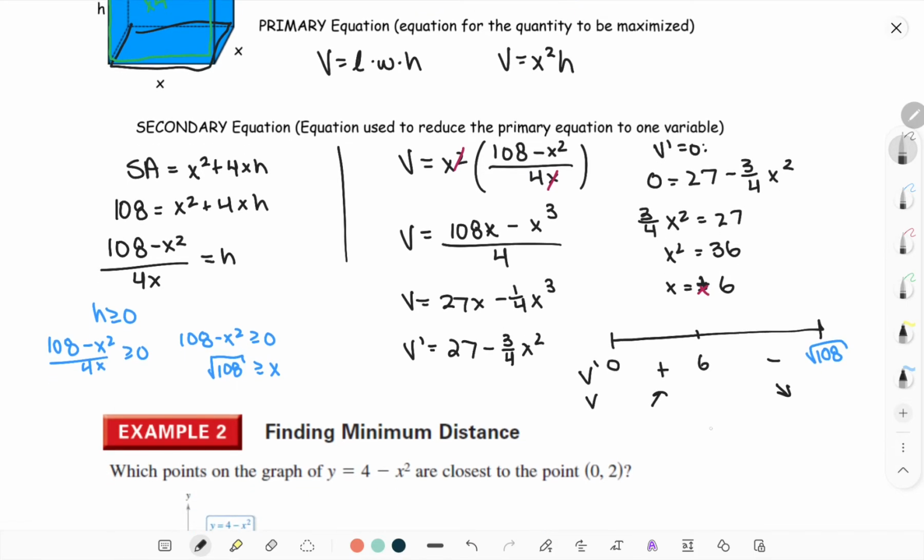I'm going to quickly check. I'm running out of room here. I'm going to check volume at 0, volume at 6, and volume at the square root of 108. And whichever is my maximum value here is my absolute maximum.